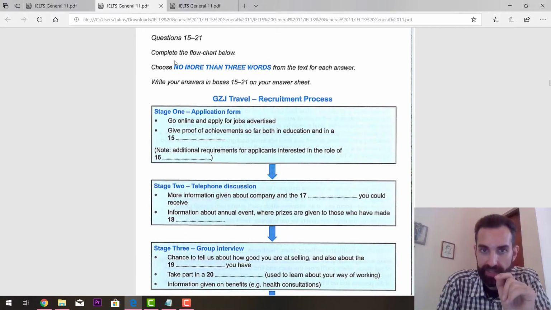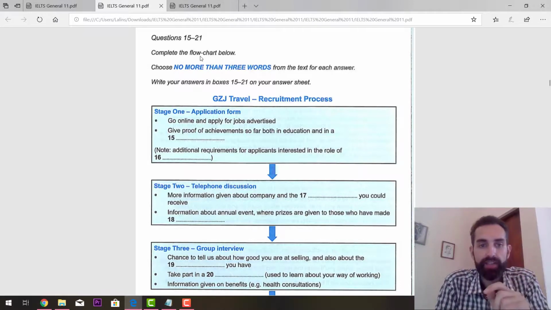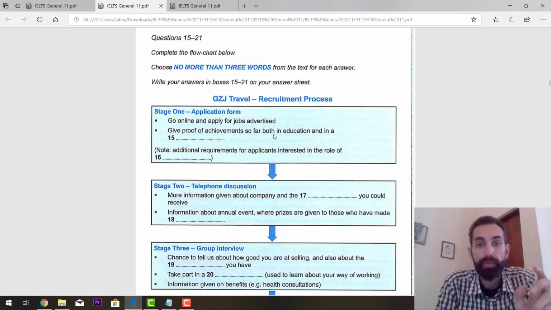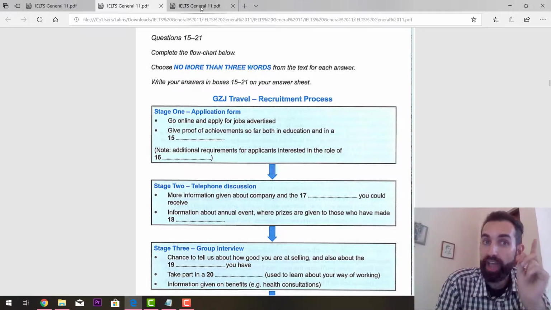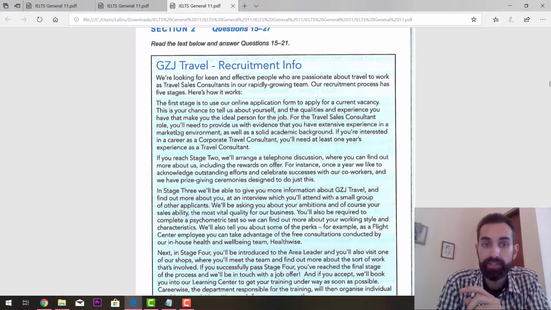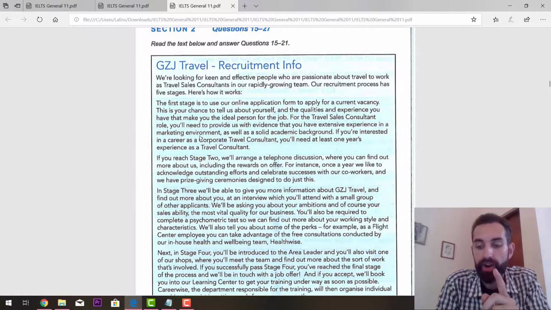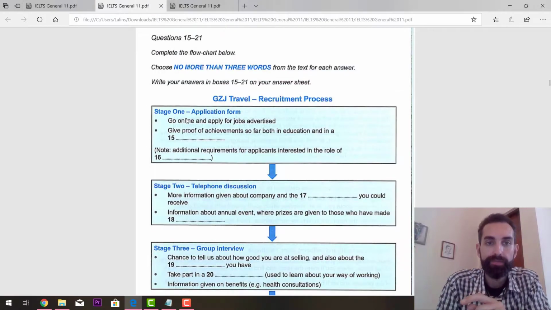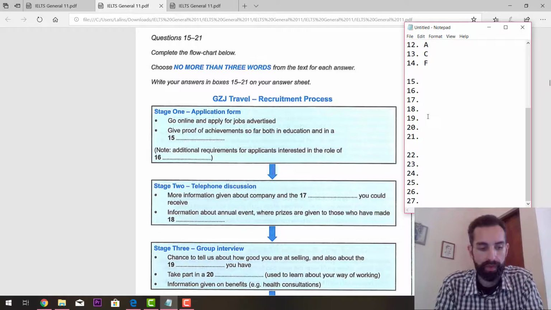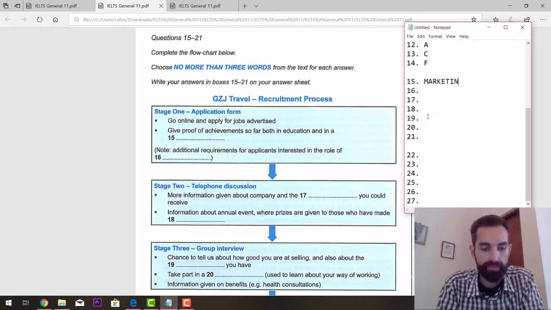Now, does that sound familiar? They're asking for proof of achievements so far, both in education, that would be academic background, and the other thing they mentioned was a marketing environment. So that would be your answer. So for 15, it would be marketing background.